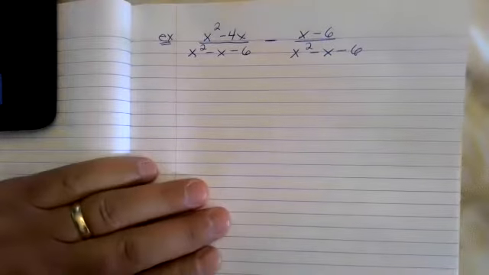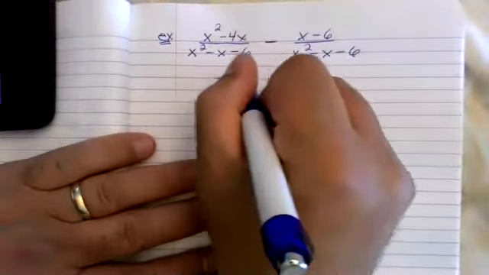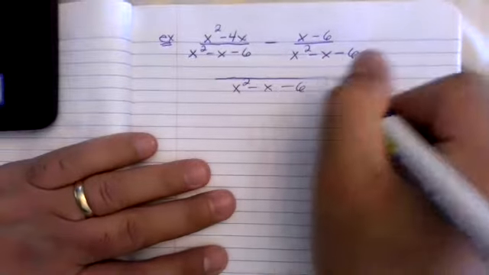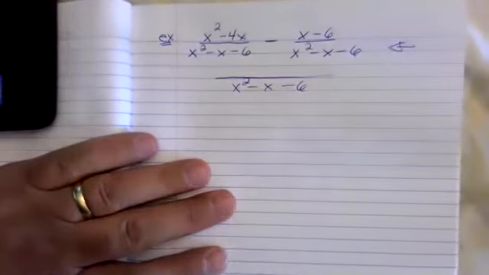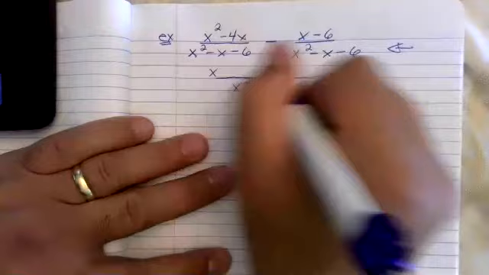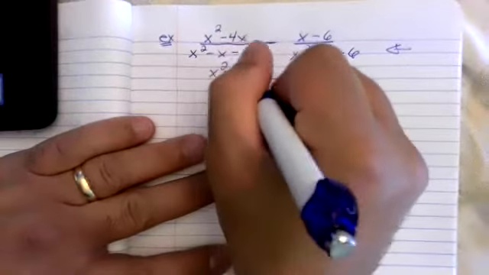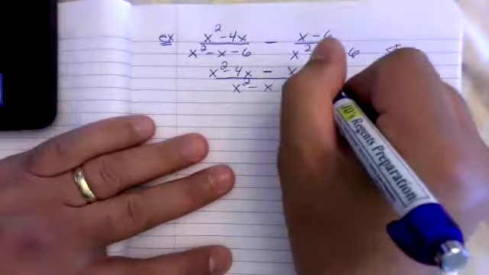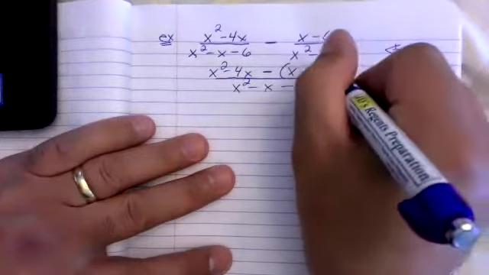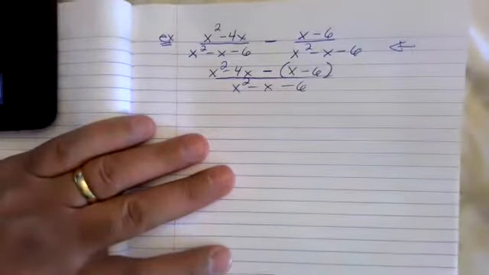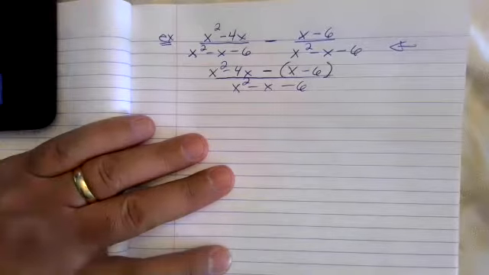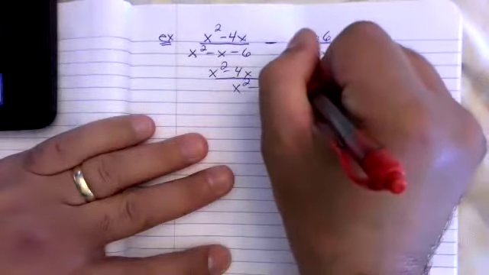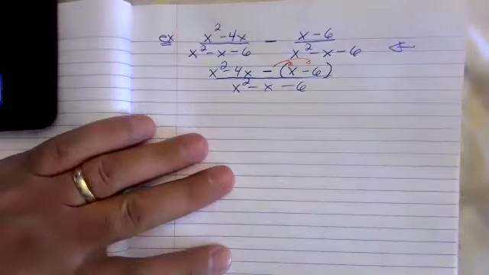So if we follow the procedures I've prescribed, we'd have x squared minus x minus 6. We keep the denominator. And then up top, I want to subtract my numerators, x squared minus 4x minus x minus 6, but I'm subtracting both of these. So you might want to put that in parentheses. You're not only subtracting the x, but you're subtracting the negative 6.